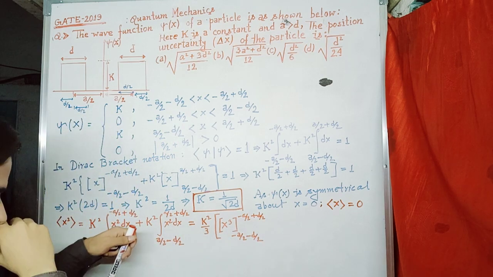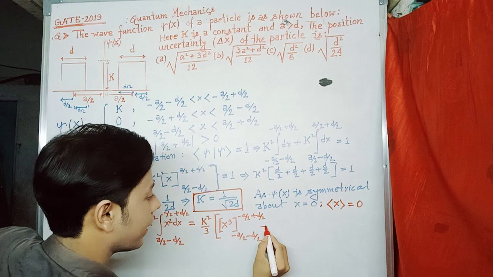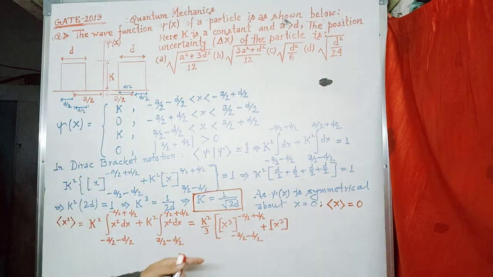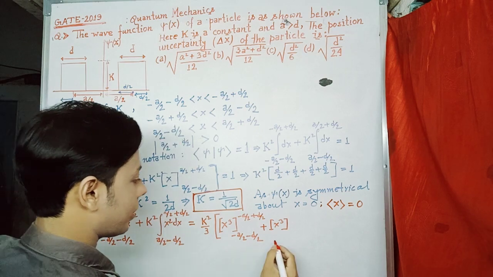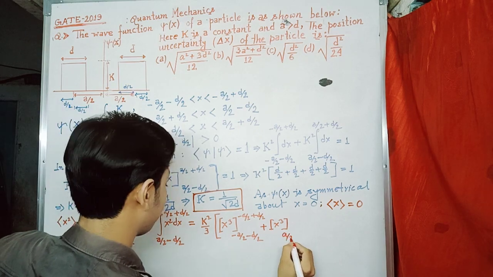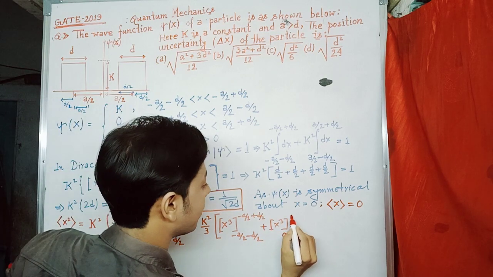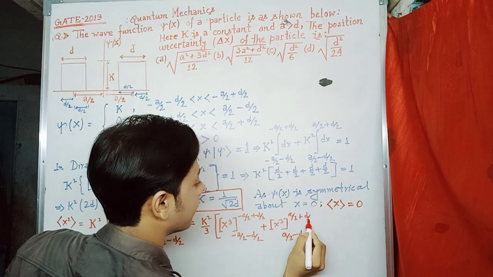Again there is x cube, with lower limit a divided by 2 minus d divided by 2, and upper limit a divided by 2 plus d divided by 2.